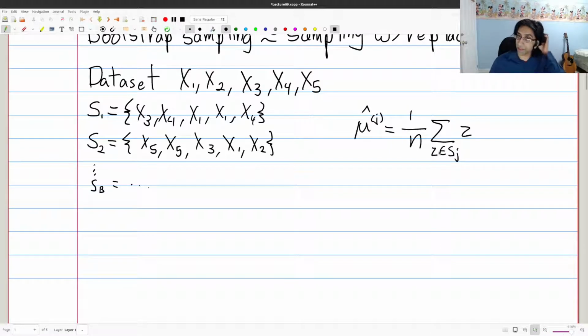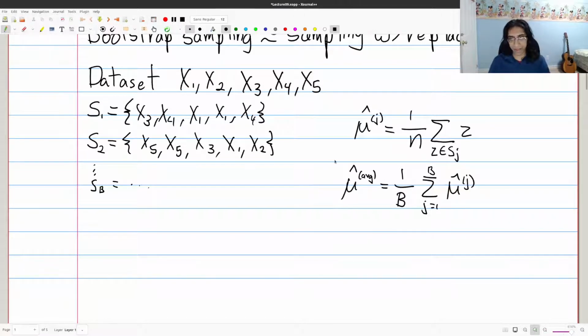So this is the exact same thing that we wrote before. And again, mu hat average is equal to 1 over b, summation over j equals 1 to b of mu hat j. And this will be our final estimate of the mean.